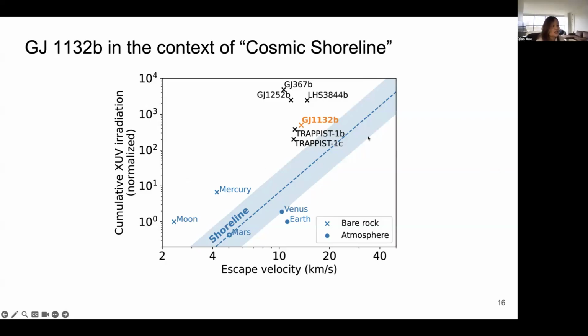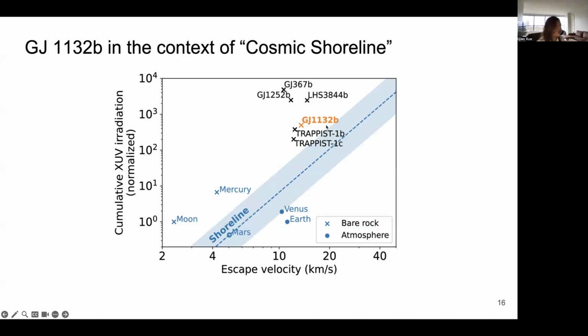However, our target is placed more than 1 sigma above the shoreline, and farther away from the shoreline are these 3 M-dwarf planets likely to have no atmosphere based on previous Spitzer observations and JWST observations, and recent JWST MIRI observations of TRAPPIST-1b and c also suggest that neither of them has a significant atmosphere.